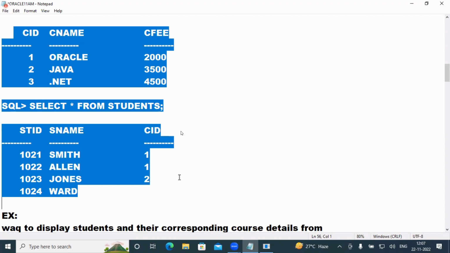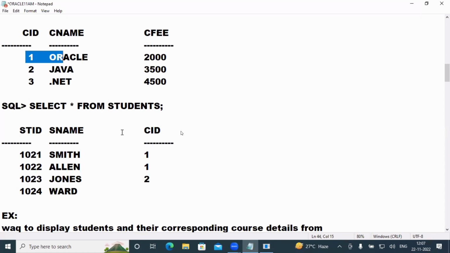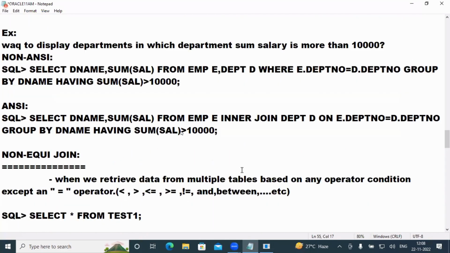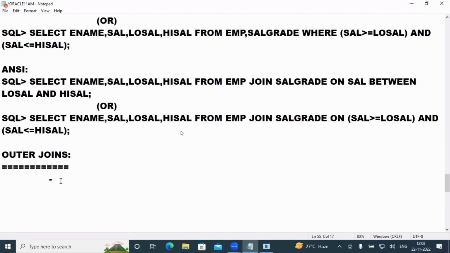Here, one matching will come, again one matching, two matching will come. But your 3 is unmatching, your null is unmatching. These unmatching data we also need to retrieve. Then how can we? There you want to use outer join mechanisms.